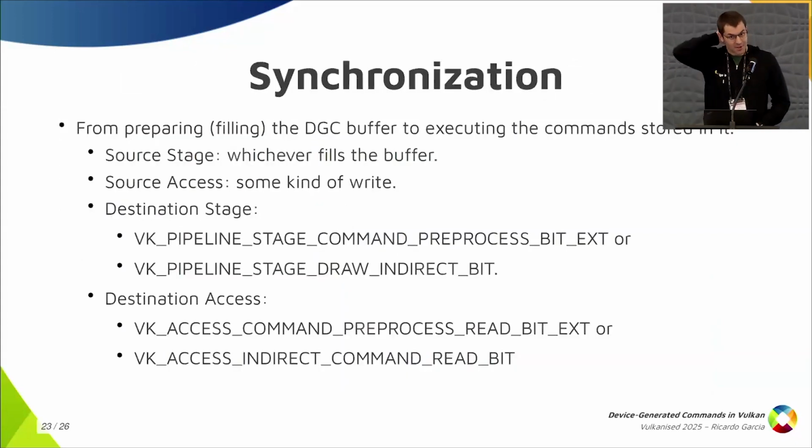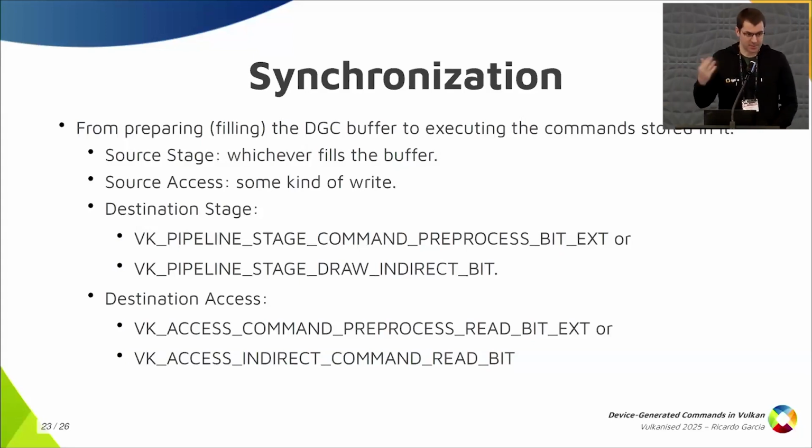As for synchronization, yes, you do need some synchronization at some steps. The main one is that if you generate the contents of the DGC buffer from the GPU itself, you're going to need some synchronization. Writes to that buffer need to be synchronized with something else that comes later, which is executing or reading those commands from the buffer.